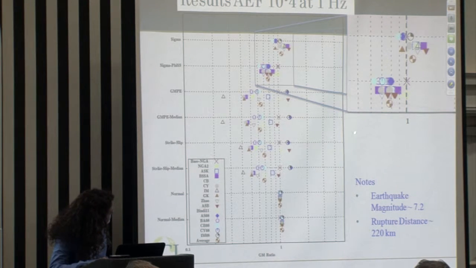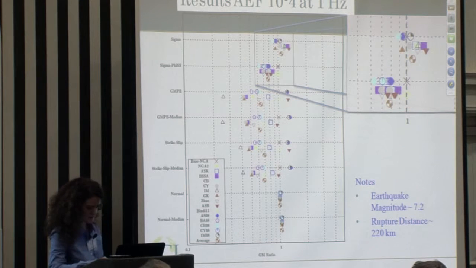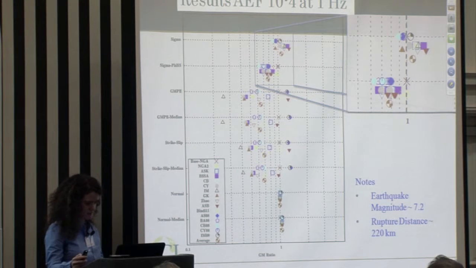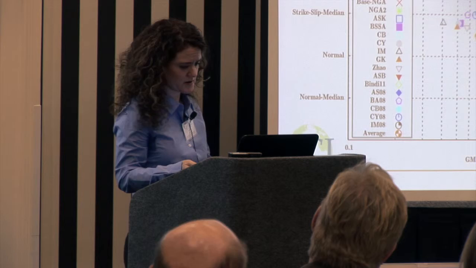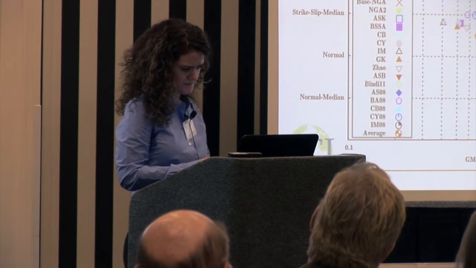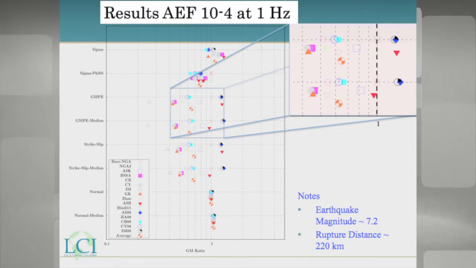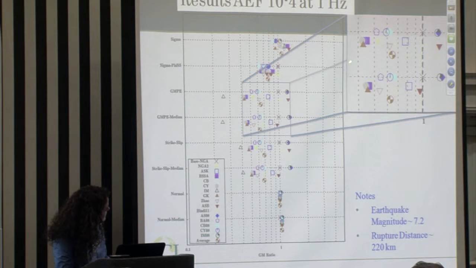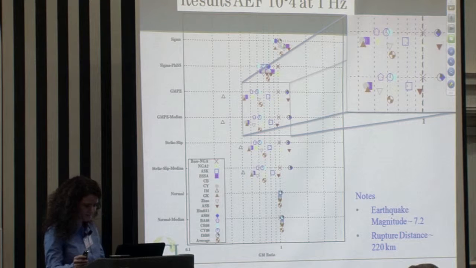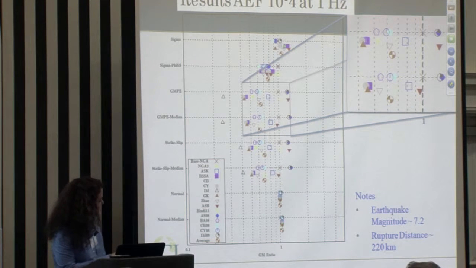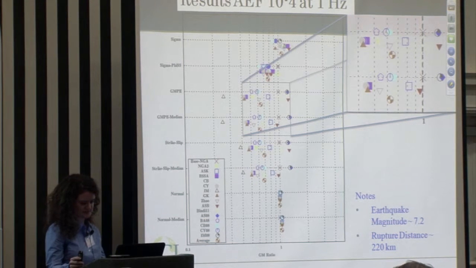And you can see that there's a relatively decent agreement with the 2013 models, but it's greater than the 2008 models. Here is for the GMPEs. You can see that there's quite a large dispersion in the agreement between the models. And it doesn't look like the dispersion has decreased at all from the 2008 to the 2013. It's just shifted to have lower ground motions for the GMPEs at the longer distances, larger magnitudes.